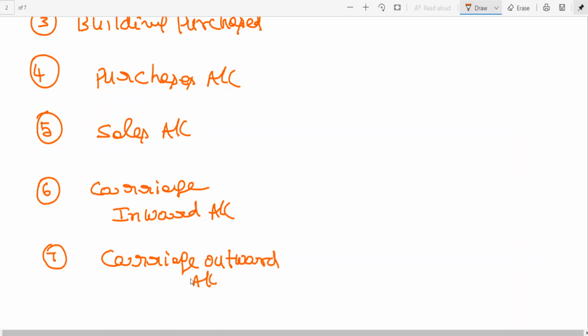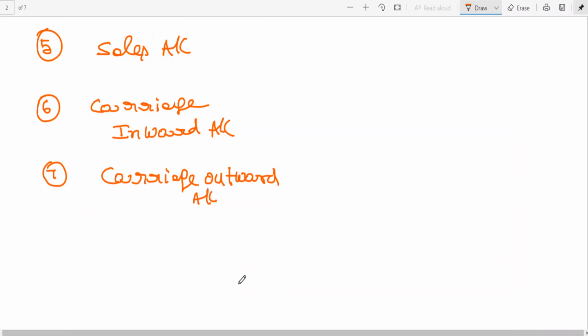A by C means account, not air conditioner, air cooler. Carriage outward account is being called by the abbreviation A by C.